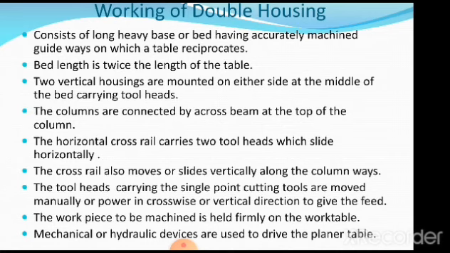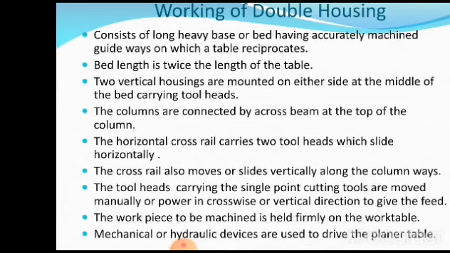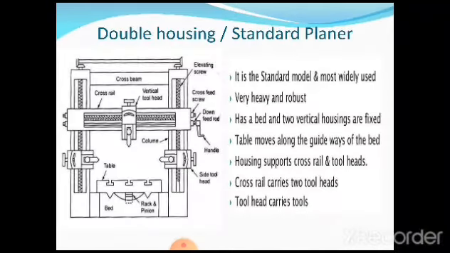For that purpose, 2 vertical housings are mounted on either side at the middle of the bed, carrying the tool heads. These are called the 2 vertical columns, which you can see here.